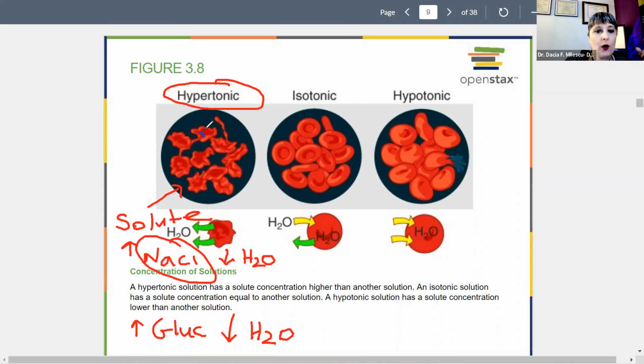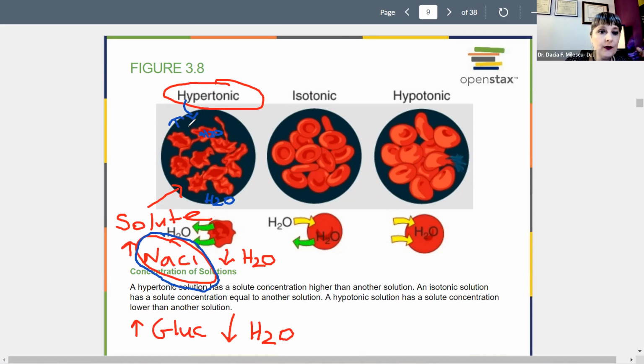We're going to have water inside the cell and water outside of the cell. The thing about this hypertonic solution is that there's a lot of water inside the cell and not a lot of water outside of the cell, because it's high in sodium chloride.